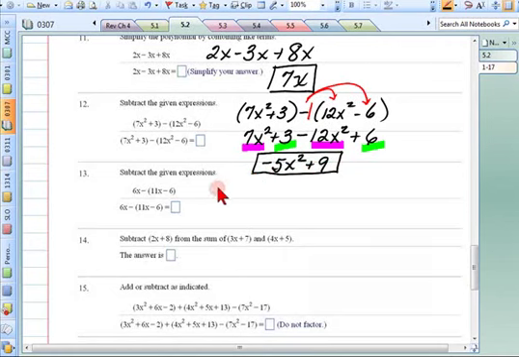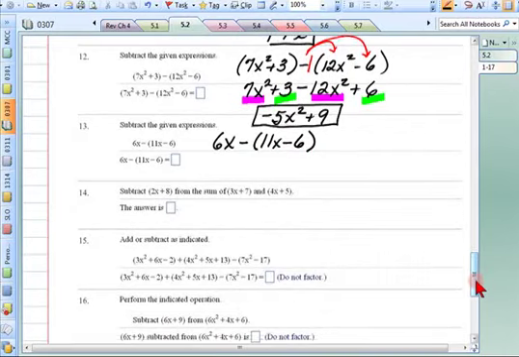Let's look at the next problem. I'm asked to subtract. This is number 13. I have 6x minus parentheses 11x minus 6. If you want to use a shortcut rather than making it look like distributive property, you can do the following. I'm going to do this in red.